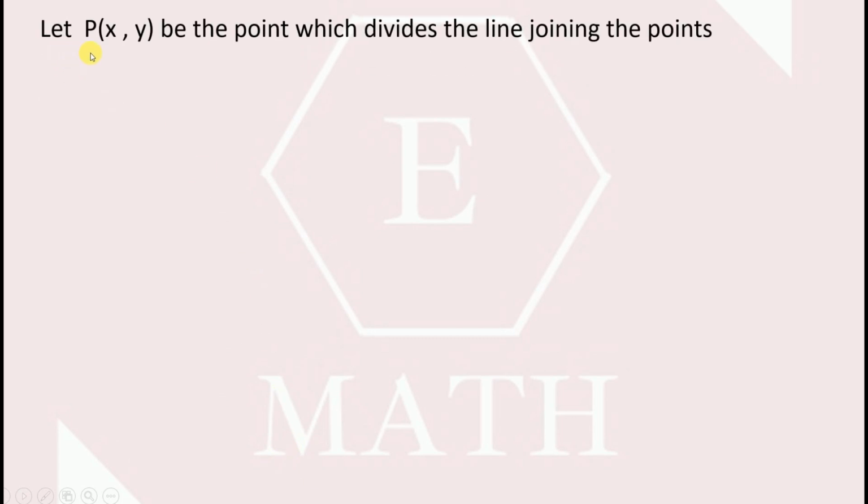Firstly we'll assume that P of x, y is the point which divides the line joining the points A of -2, -2 and B of 2, -4 in the ratio 3:4. This ratio is what we have got just now, right?